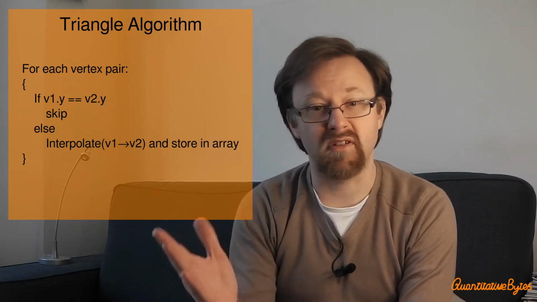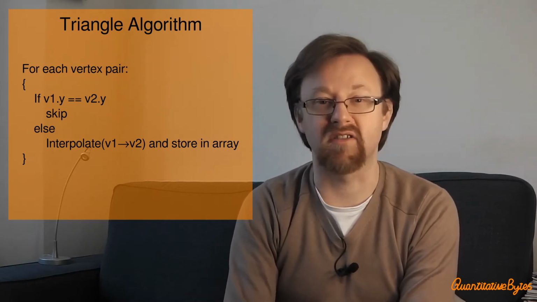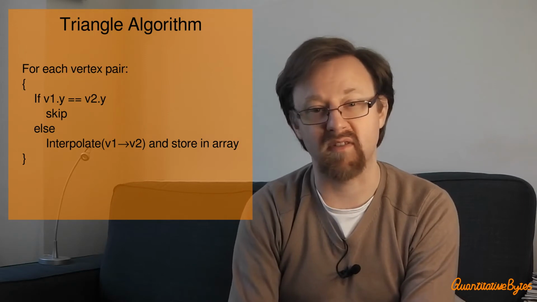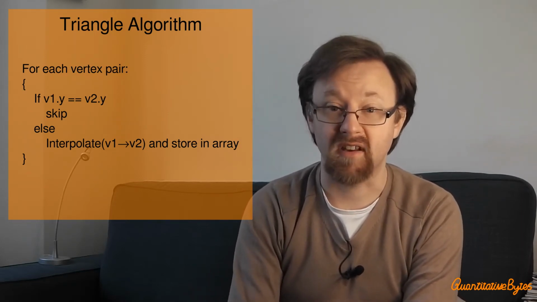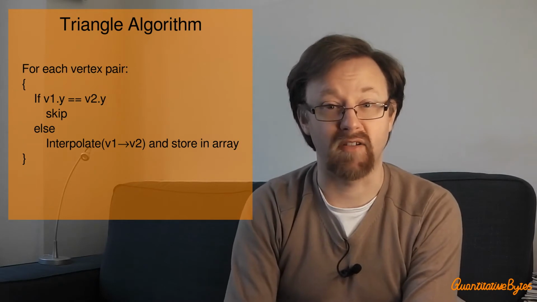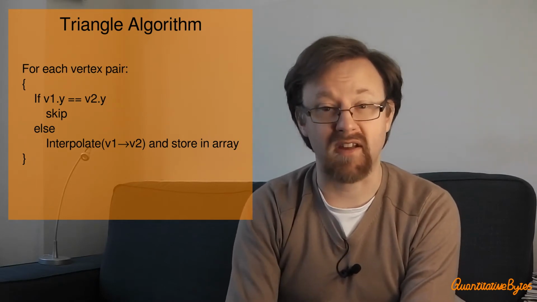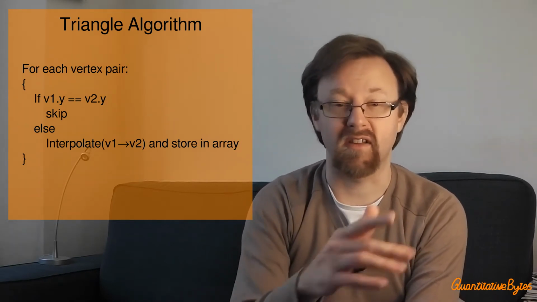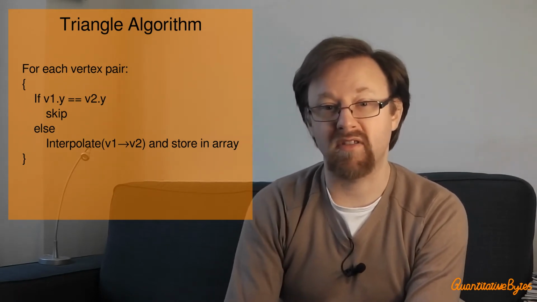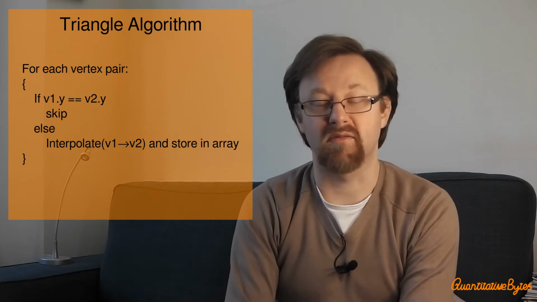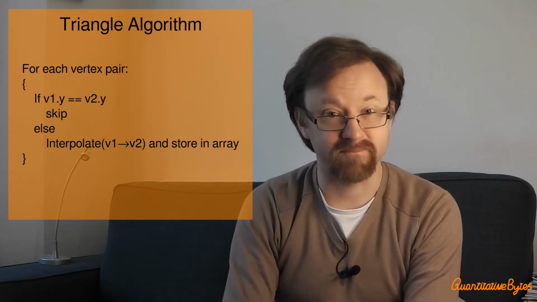All we do is a very basic linear interpolation between those two points to give us every point in between, and we store those interpolated points into an array. And then we simply repeat that for the next pair of vertices and then for the final third pair of vertices, each time adding the new points that we've interpolated into the array that we created at the beginning.